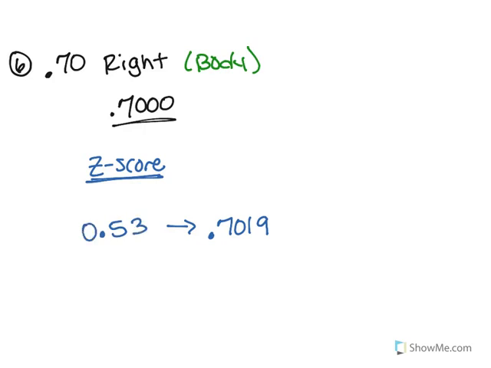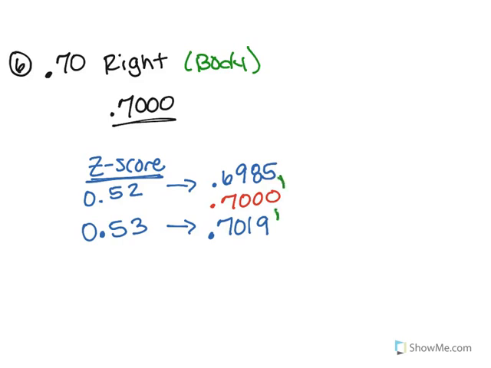Okay, so we're going to be looking at between 0.52 and 0.53. 0.52's measurement is 0.6985. So obviously our 0.7000 would fall in between.